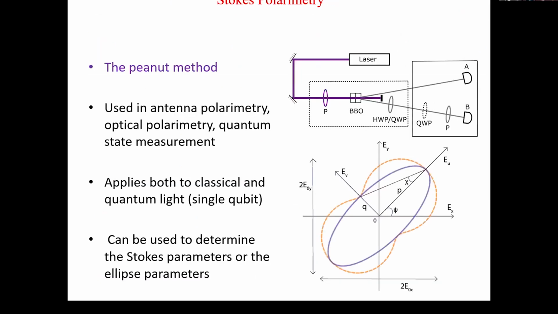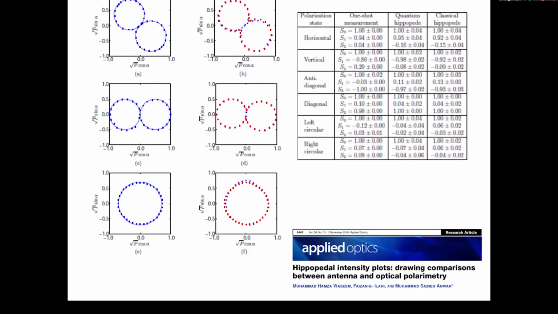You can also do different kinds of neat experiments. You have this creation, but you can create all kinds of nice patterns. I don't want to go into these details. This work was published in one of our articles. And you can compare classical and quantum versions of it.